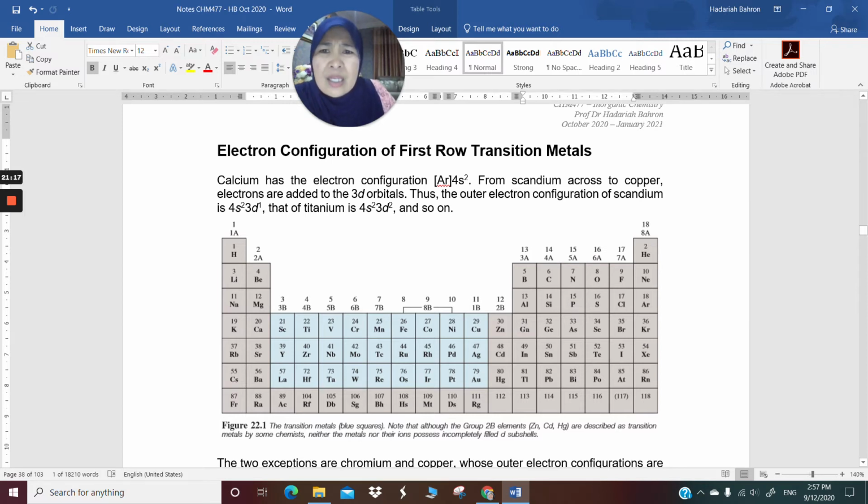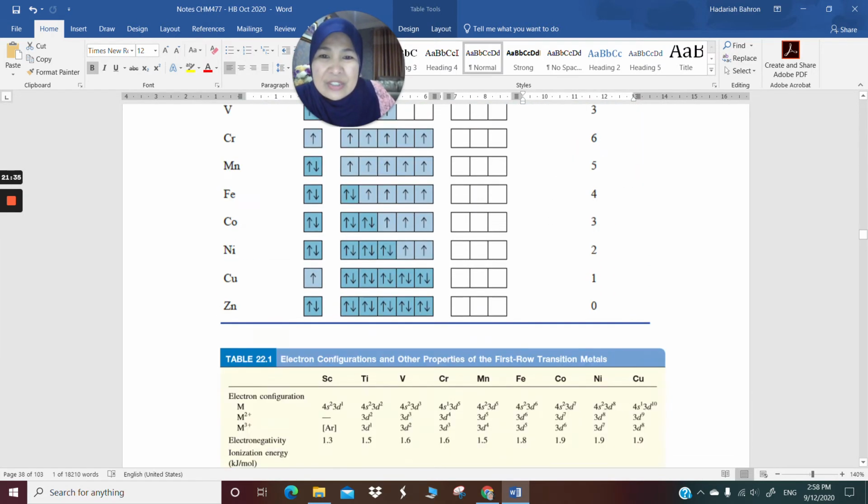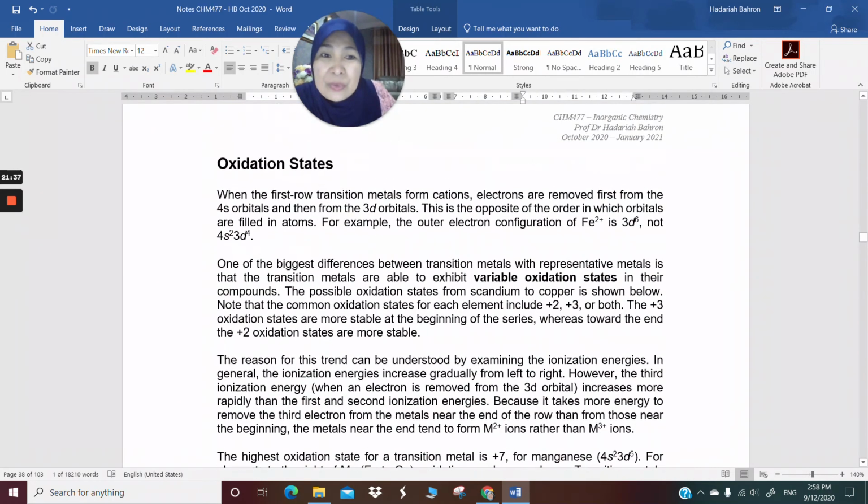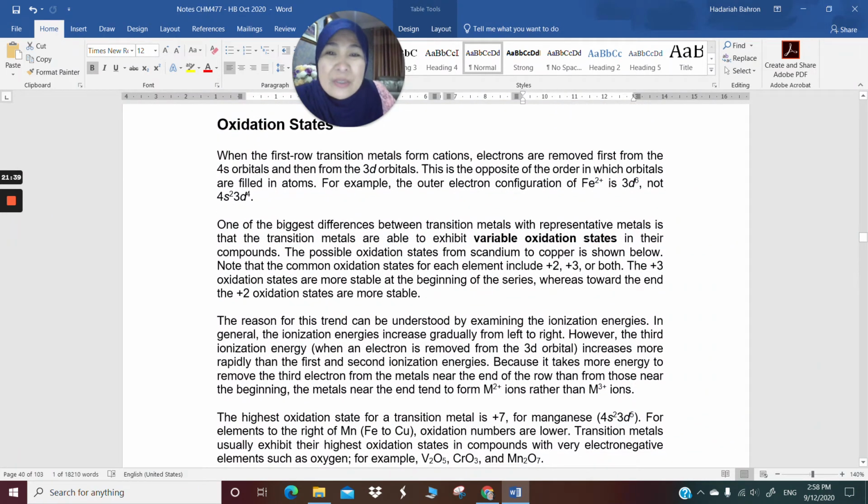These are all main group elements or representative elements where the charges of the metals coincide with the group that they appear in. Calcium is always 2. Potassium is always 1. But when you come to transition metals, you do not see only one charge for one transition metal.